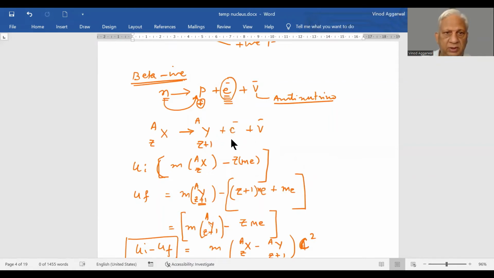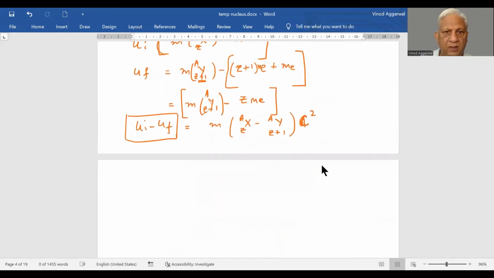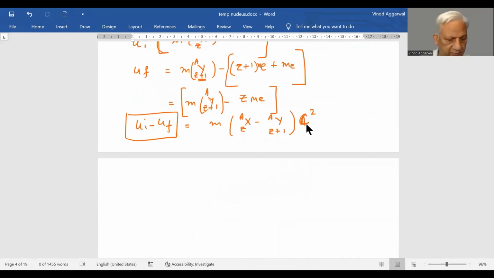One electron is released, and this is the beta nucleus. Because of this extra electron which is coming out, it makes beta rays, which are negatively charged rays, and the energy released is given by this formula.